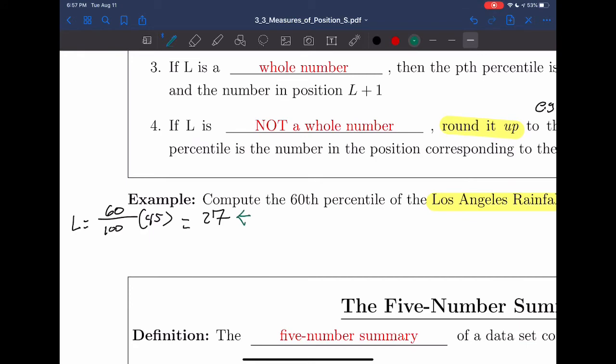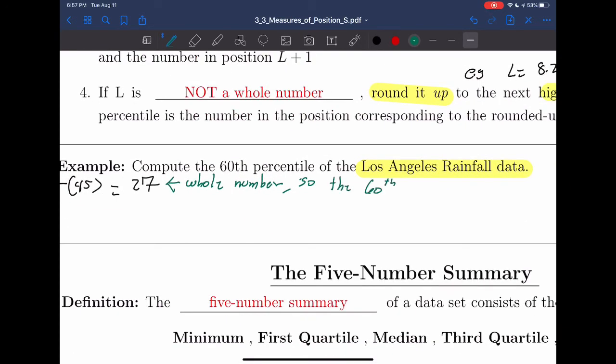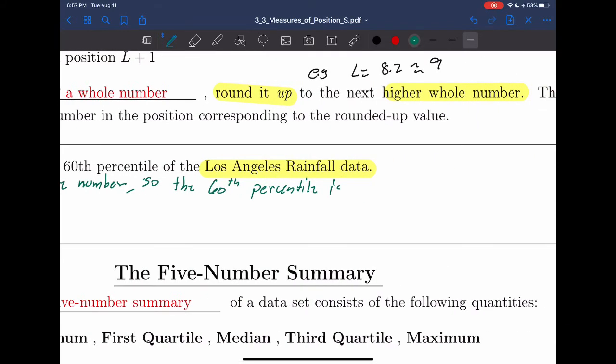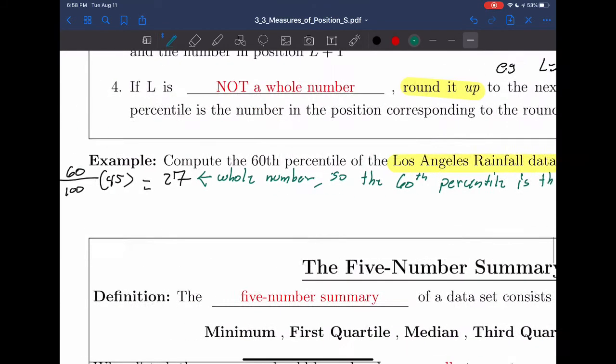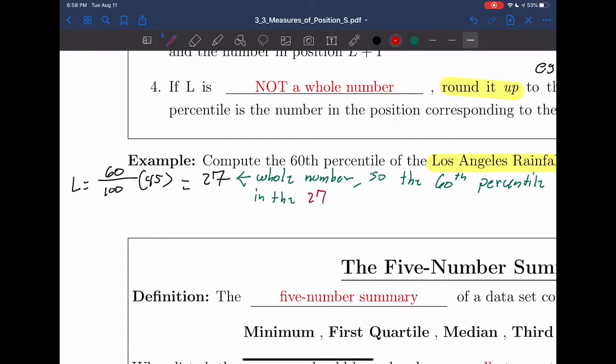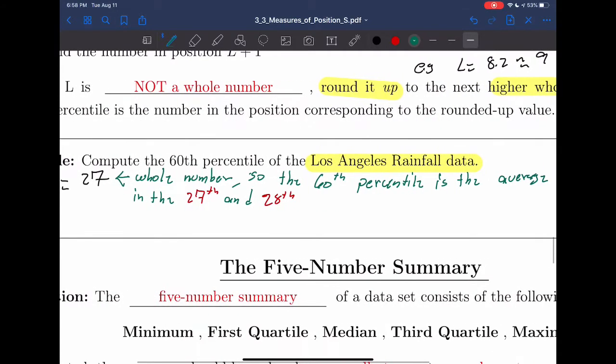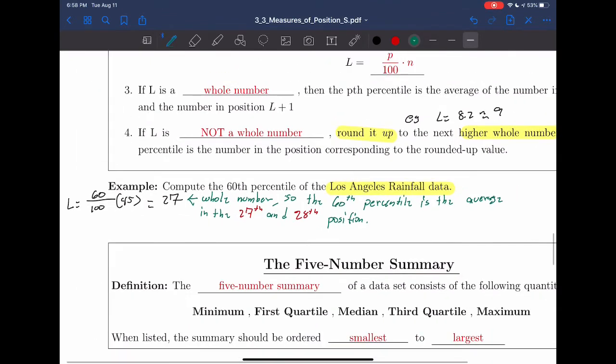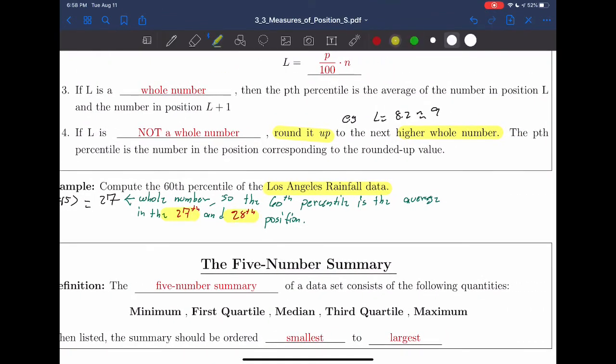So the 60th percentile is the average of the 27th and 28th position. We're just adding 1 to 27. If you look back into our data set, the 27th number is 3.57, and the 28th number is 3.71, and so the average is 3.67. So this is our 60th percentile.